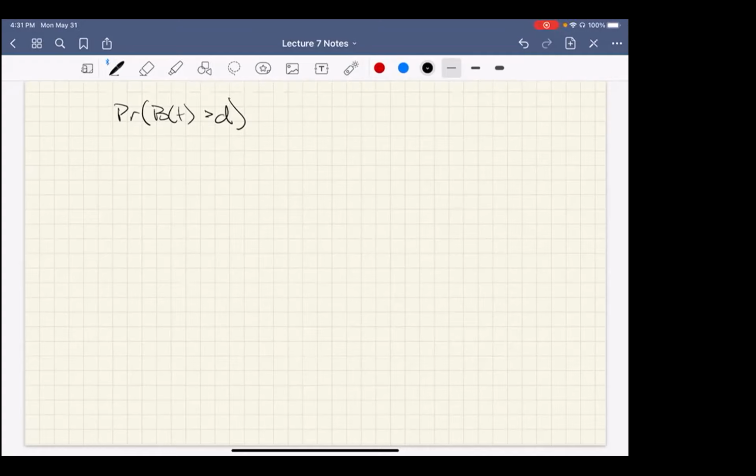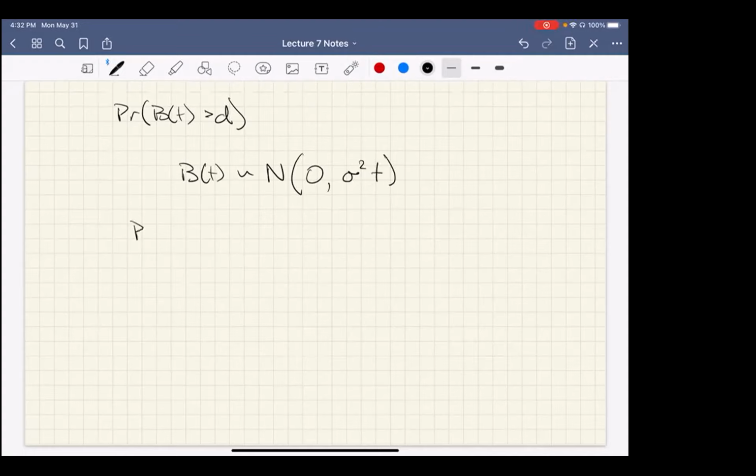We know that B of t is distributed Gaussian with zero mean and variance 2dt. Actually, let's make this less complicated. So the fundamental variance of the Wiener process, let's just call it sigma squared. So B at t is distributed normal with mean 0 and variance sigma squared t.